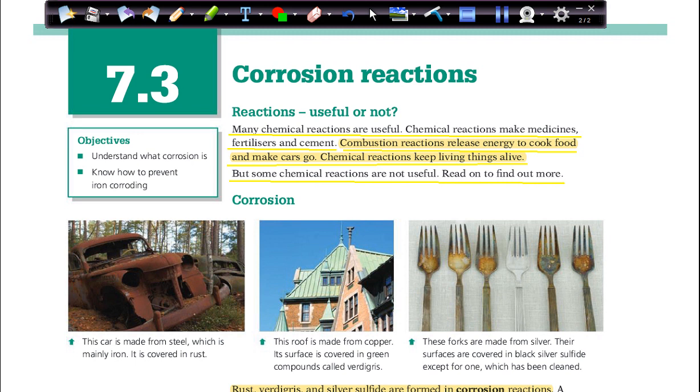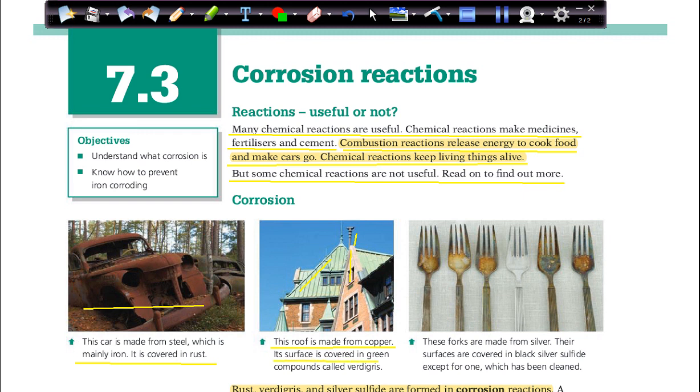So look at these three pictures here. You have this car made from steel, which is mainly iron, and it's covered in rust. Here we have a roof made from copper.